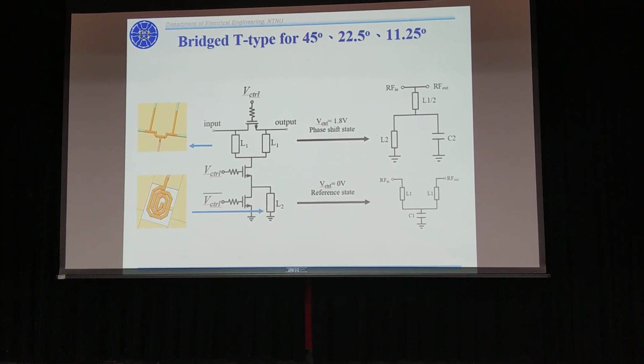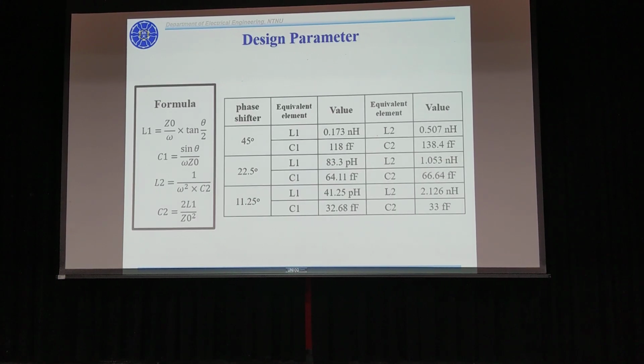When the control voltage equals 1.8 volts, the circuit is equivalent to the upper one. It becomes a low-pass circuit, and it provides the desired phase shift. When the control voltage equals 0 volts, the equivalent circuit below becomes a bandpass circuit, and it provides 0 phase shift.